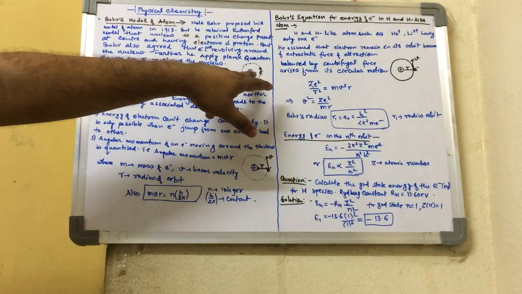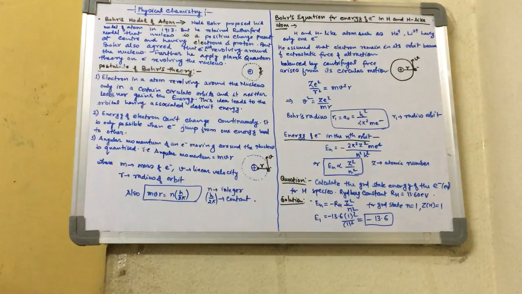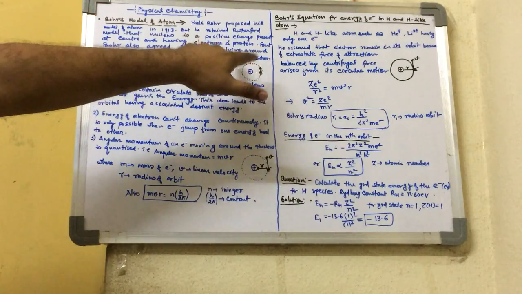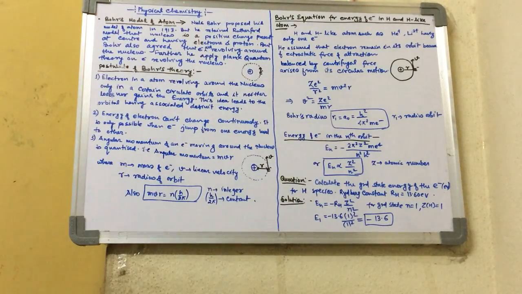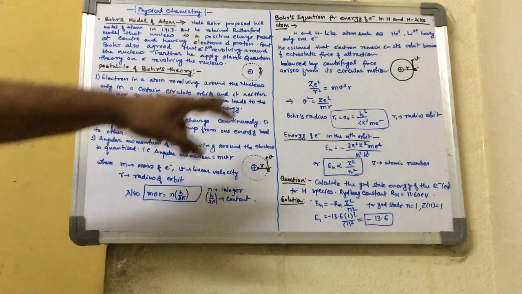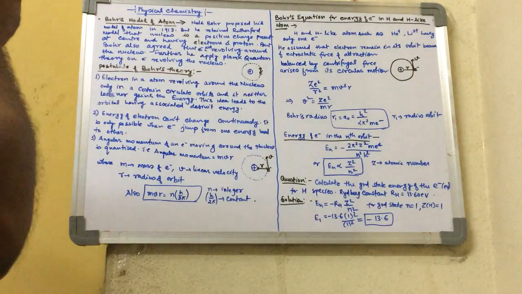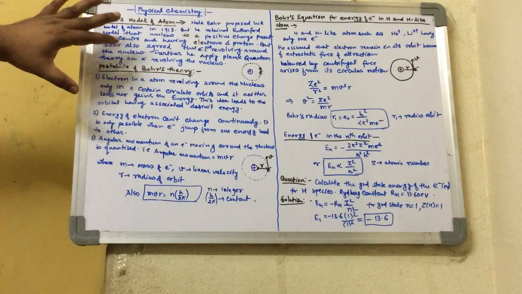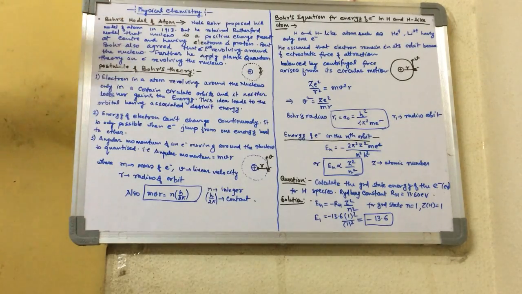See here, this is the nucleus, positive charge, and these electrons are moving around the nucleus. This is negative charge and this is positive charge. So up to here these are the statements.